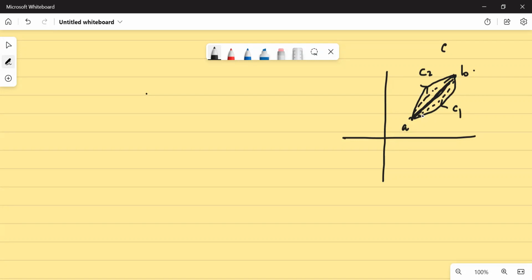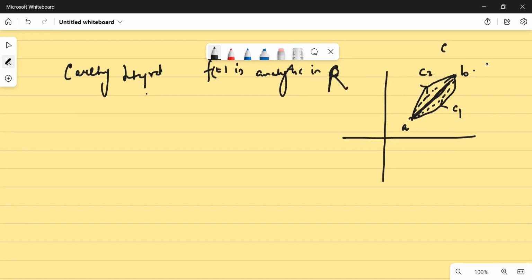Or if I use Cauchy's integral theorem, I'm saying my f(z) is analytic in a region R, in which you have this closed curve C. This closed curve C contains C2 and then C1. So the integration over C, f(z) dz, would come out to be equal to what?